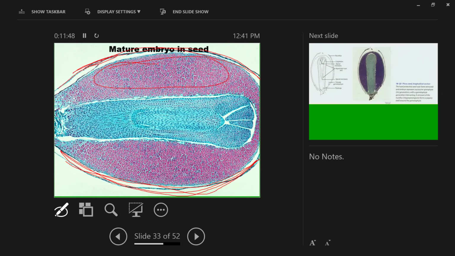So please don't forget, gymnosperms are special in the sense that their seeds have megagametophyte tissue for nutritional support. The sporophyte takes that nutrition from the megagametophyte as it starts to germinate and grow.